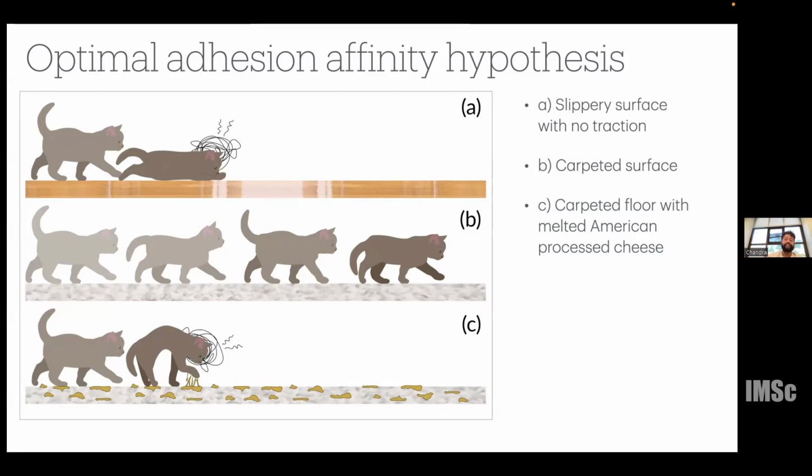The nails stick in, you get traction, you can take it out and keep taking a step further. And the case where you have too much E-cadherin is a bit like some gooey American melted cheese, like processed cheese on the surface of the carpet, which is a lot of traction, but every time you put your paw there, it takes a while to detach from it, slowing you down.